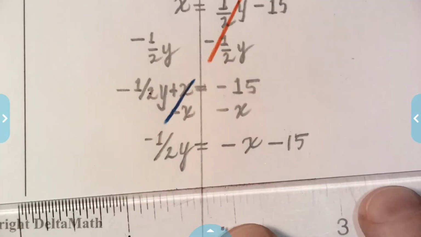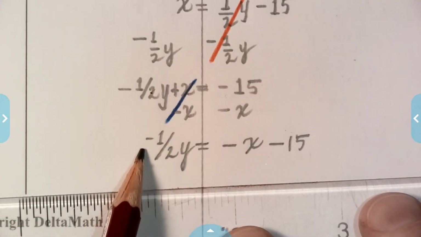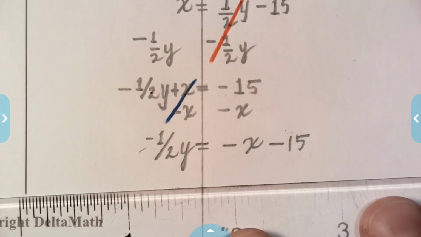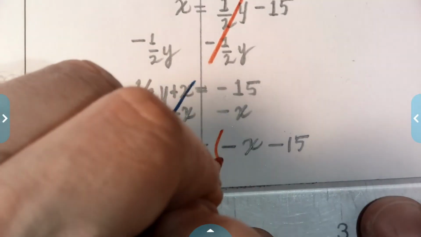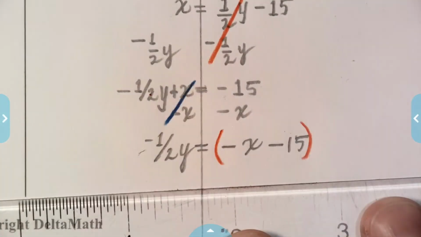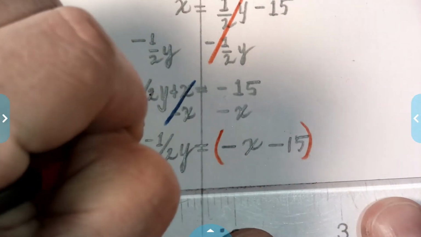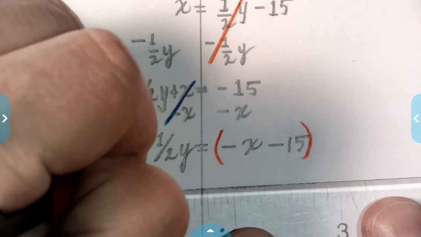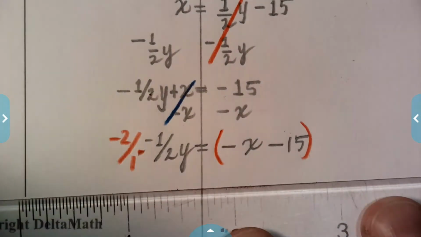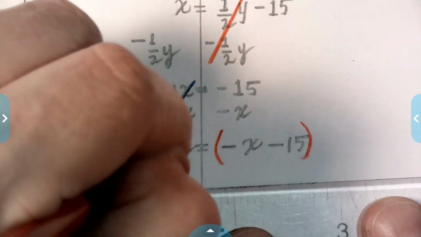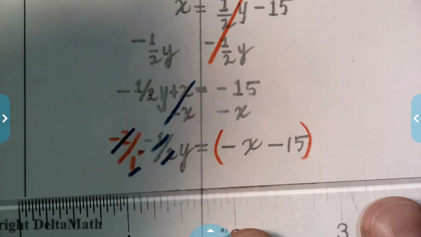Okay, we already know what's going to happen, right? We're going to multiply by the reciprocal, and then we're going to have to put this in parentheses and then do the distributive property. Okay, it's very much a mechanical process that we do. So this allows me to cancel everything out over here, and then on the right side I just multiply by negative 2.